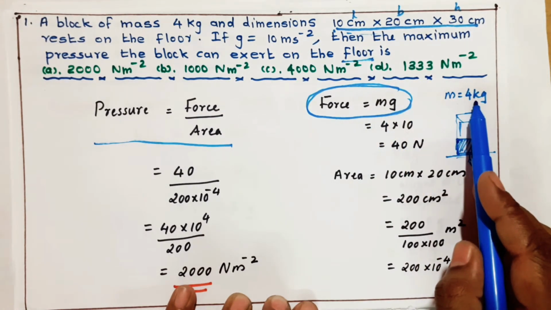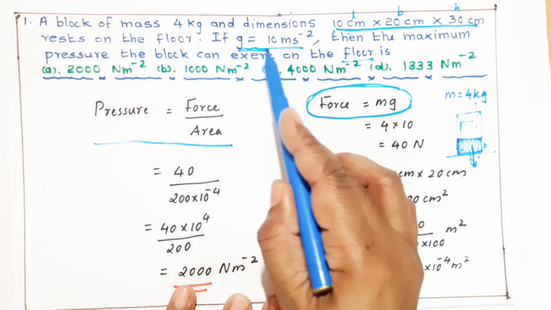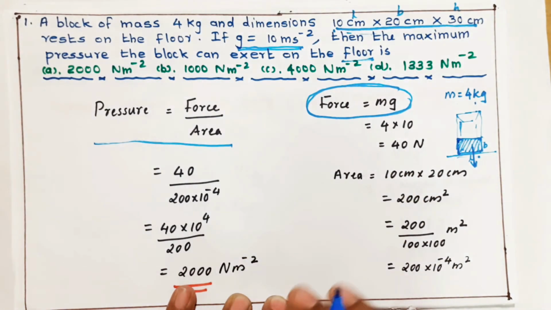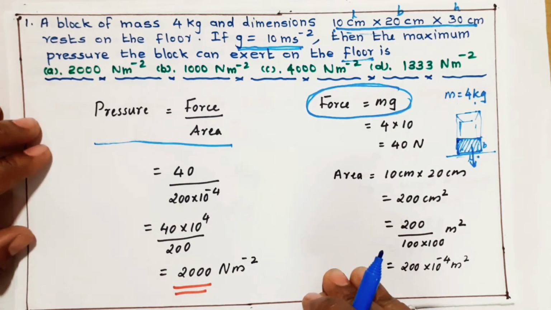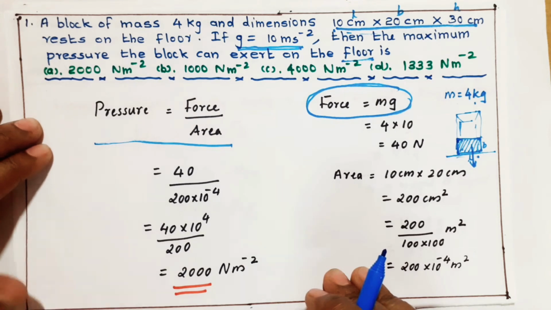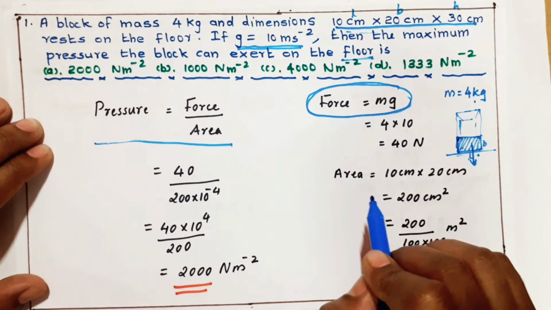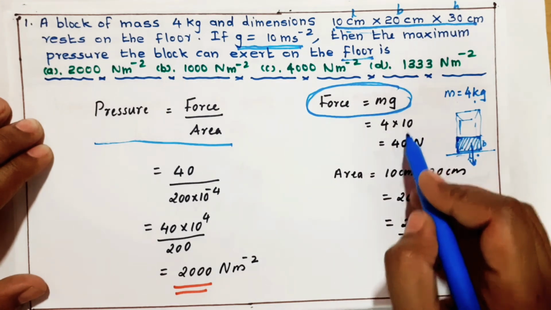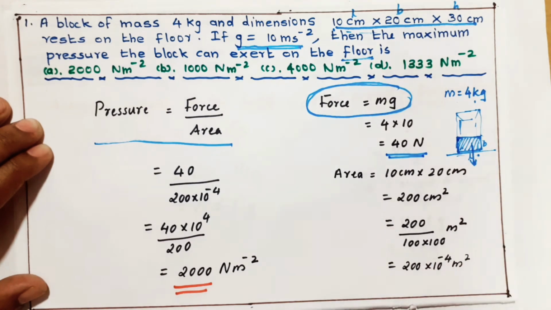Mass we know, 4 kg, into gravity, which they gave directly in the question as 10 meter per second square, so no need to worry. So I am writing 4 into 10. What is 4 into 10? 40, and the unit of force is Newton.